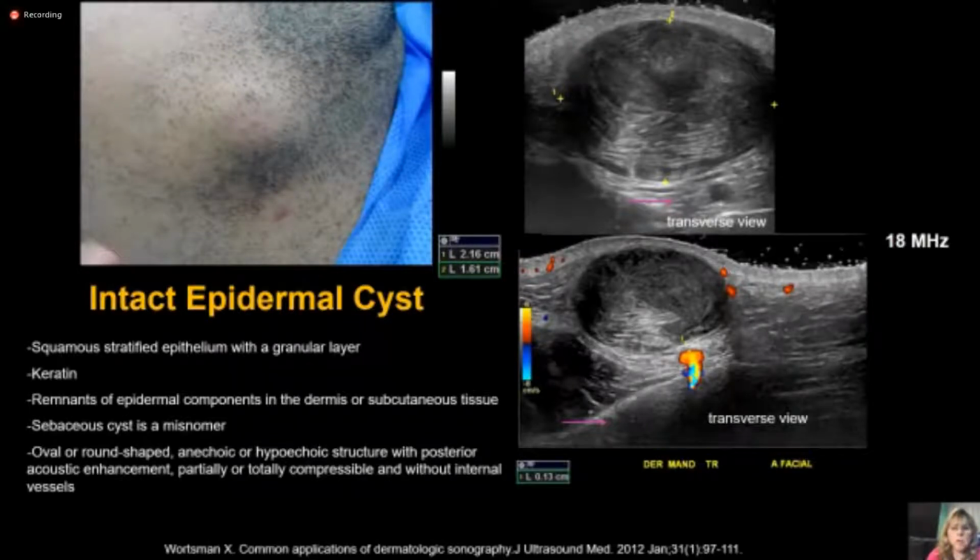You can see in the clinical image the lump that is produced by this epidermal cyst, and then you can notice the hypoechoic structure in the subcutaneous tissue protruding into the dermis with some hyperechoic lines that correspond to keratin. This is the appearance of an intact epidermal cyst.